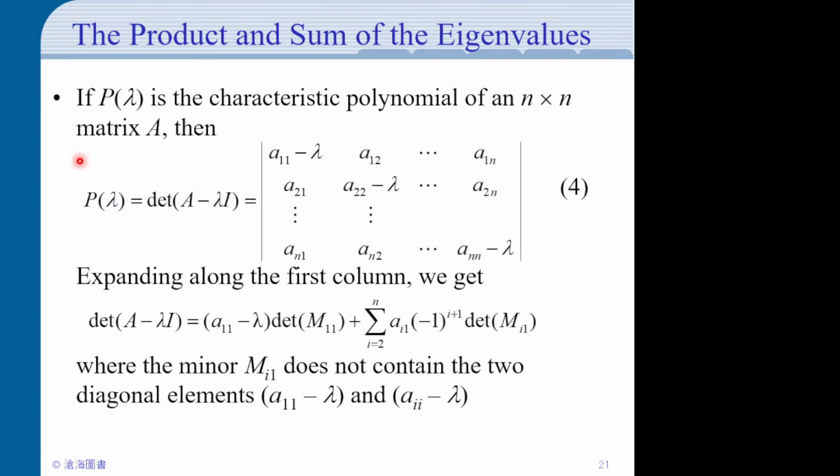But there is also a little more property that's useful to maybe do some quick check on your calculation. Actually, you can know the product and the sum of the eigenvalues from your matrix A by some really quick calculation. So let's first see the sum.